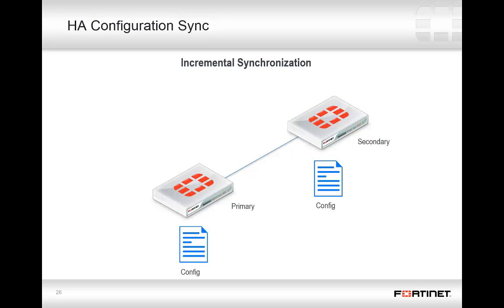This propagates your configuration and overwrites all FortiGates in the cluster. After, synchronization is maintained. The primary immediately sends each change. For example, if you create an address object, the primary doesn't resend its complete configuration, just the new address object. HA periodically checks that all are still in sync. If not, it does another complete sync.